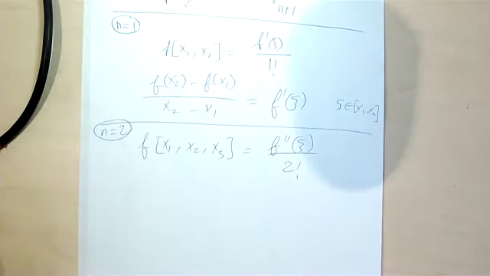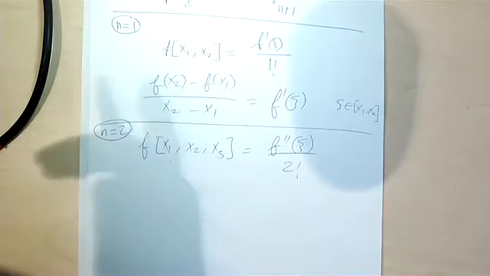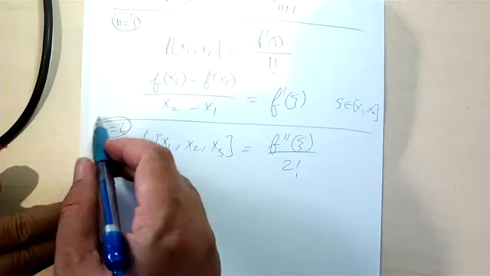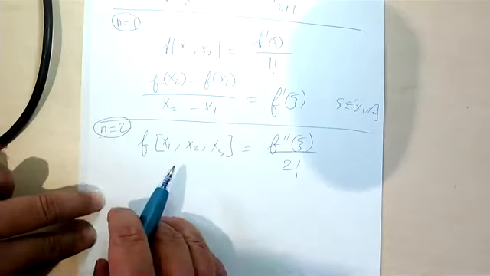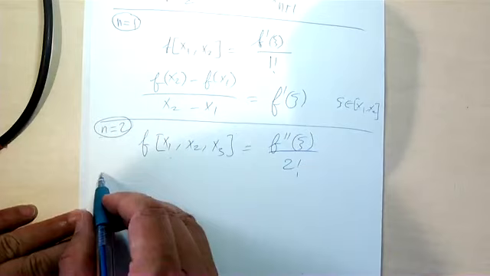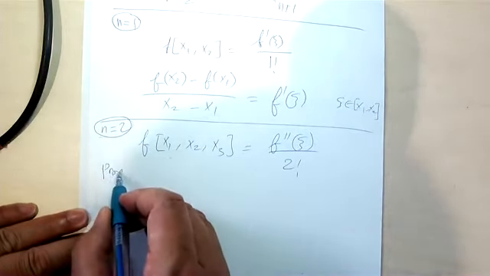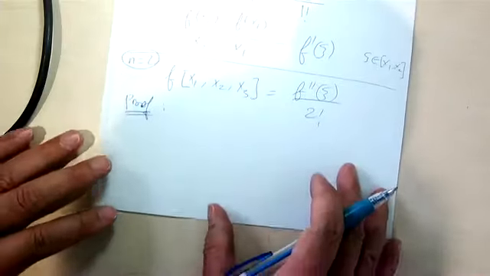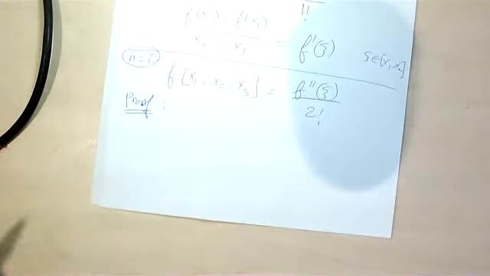So this works for n plus 1 points. Yeah, question? Where does the n factorial come from? Very good point. Now we have to prove it in order to see it. So let me prove it for this special case n equals 2, and then we see where the 2 factorial comes from.